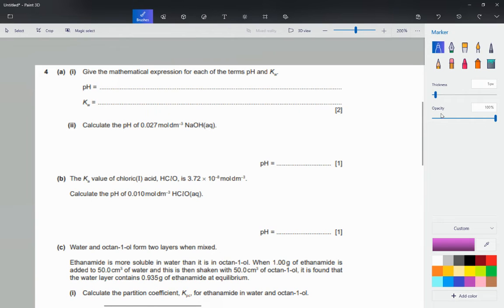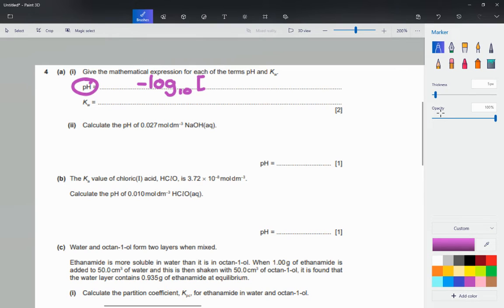So pH, I'm hoping that students can definitely memorize this term. pH is equal to minus log to base 10. Now, in chemistry, you may not necessarily have to put the 10 according to exam schemes.